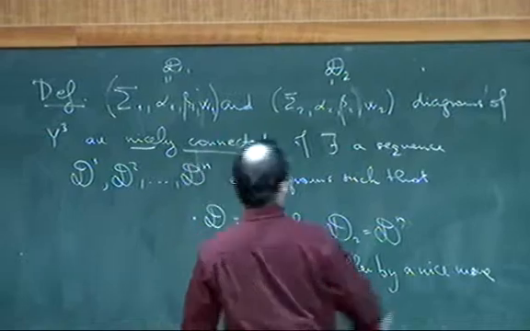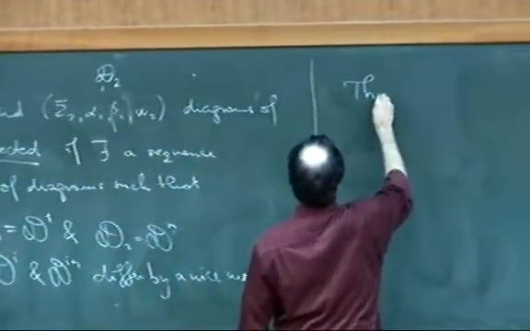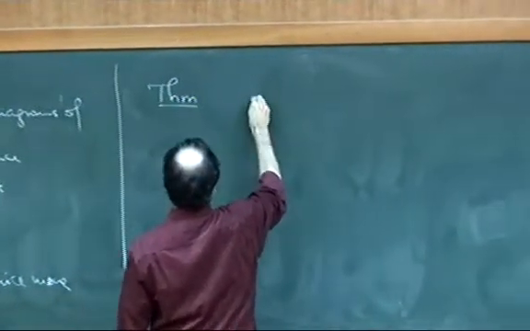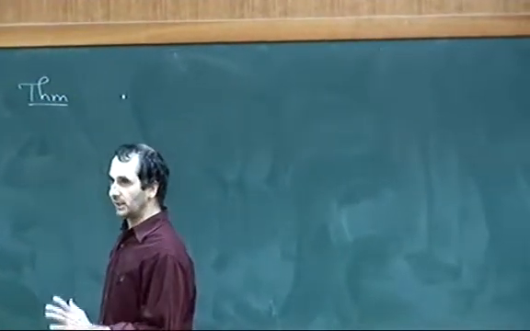Yeah, so here is the theorem. So part one, this is what I would like to indicate very briefly today, and then part two will be indicated very briefly on Friday.